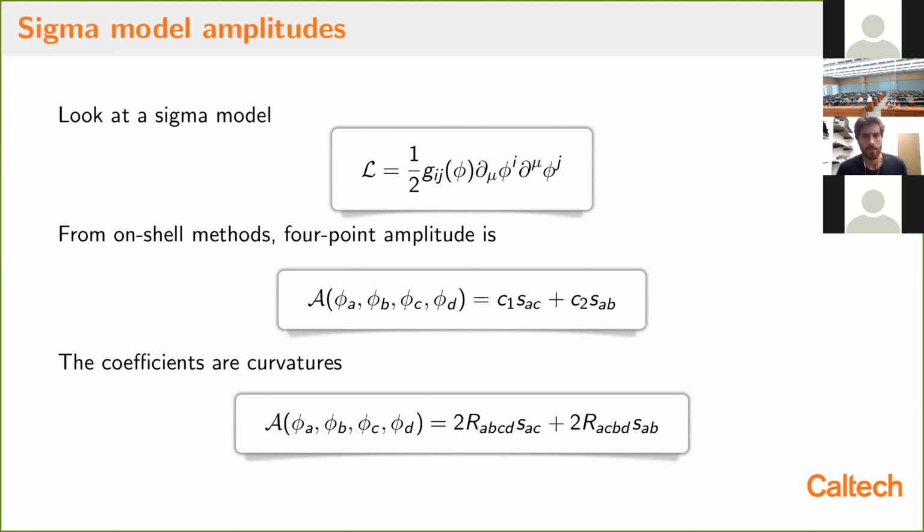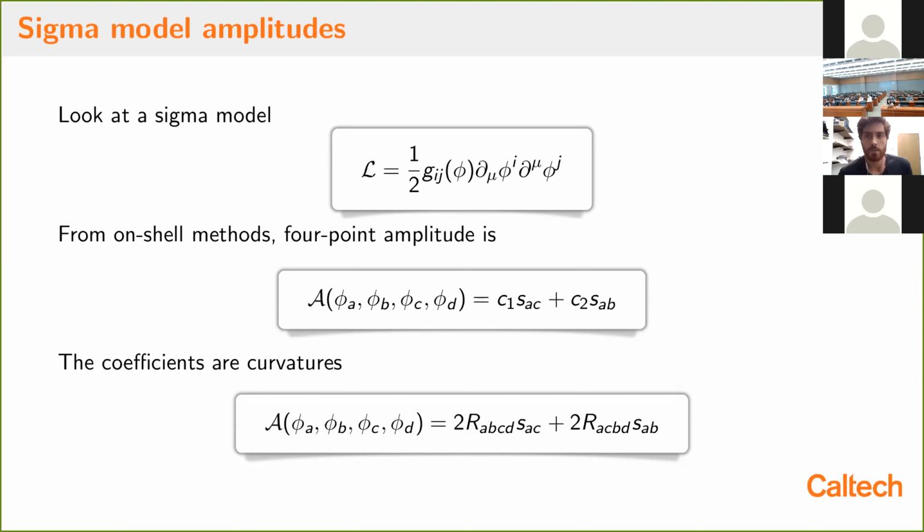And if I asked you to write down, using just on-shell amplitude techniques, the 4-point amplitude, you would look at the kinematic considerations and find that it consists of two independent Mandelstam variables, s_AB and s_AC, and they're independent, so they will be assigned their own independent coefficients. And without any more inputs, that's really all you can do.